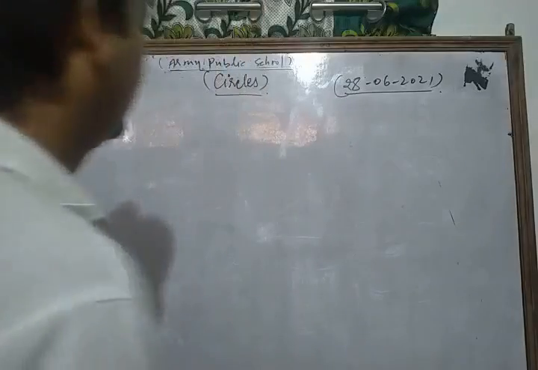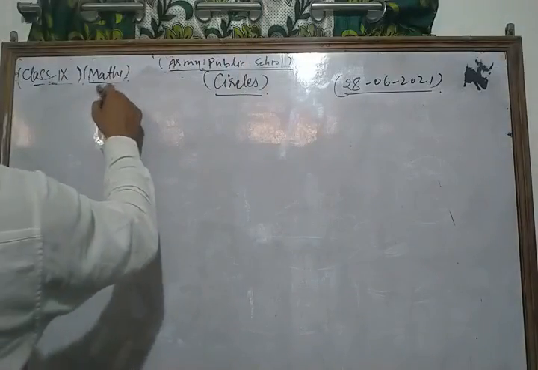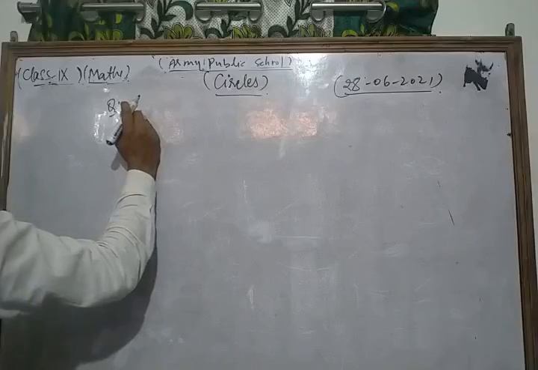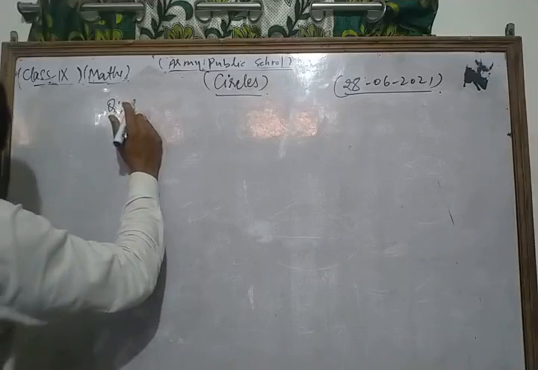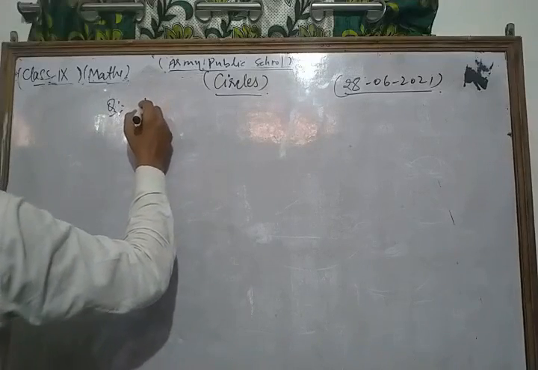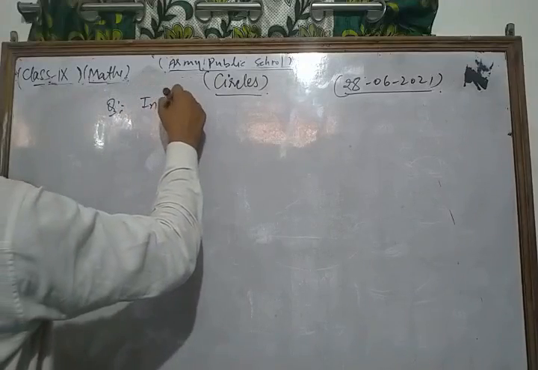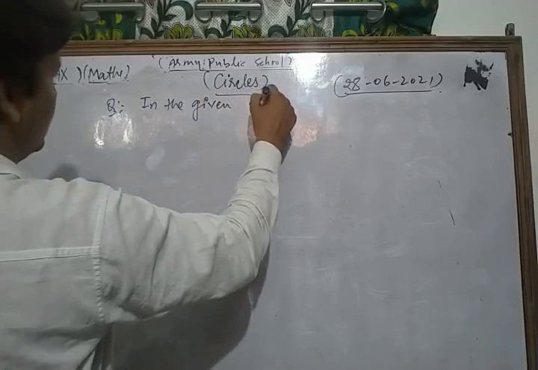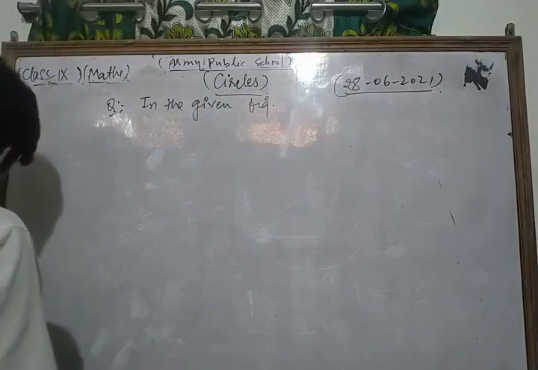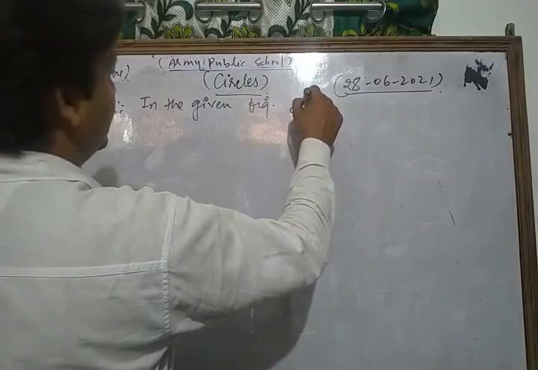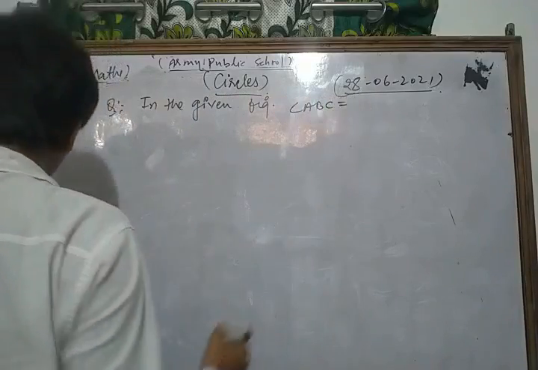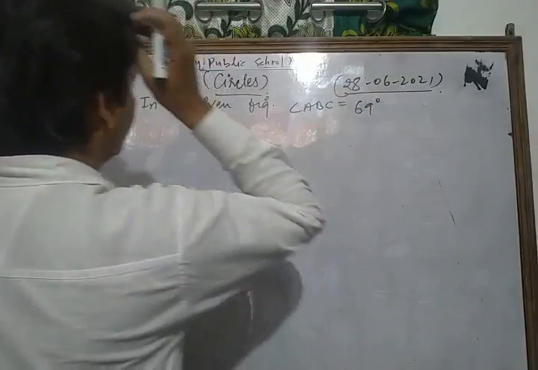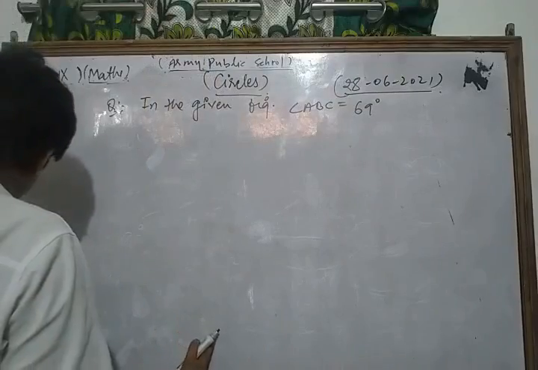So let's see, we take some important questions, and the question is: in the given figure, angle ABC is equal to 69 degrees.